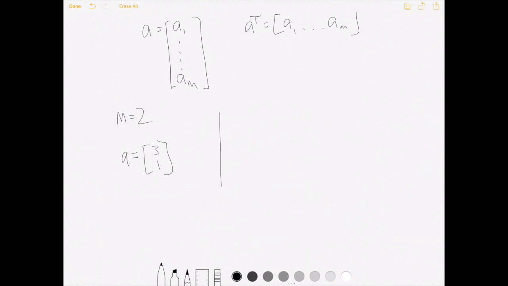Let's just draw a couple of axes. 1, 2, 3, 1, 2, 3. Then here's the point 3, 1. And so the vector A equals 3, 1 is just right there.